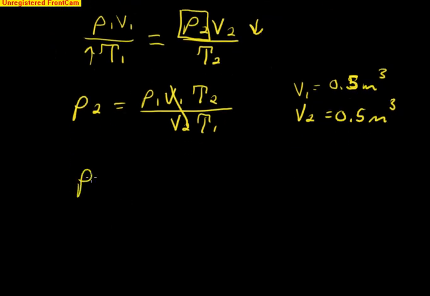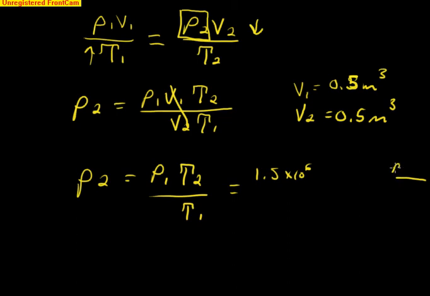That means our final pressure is going to be equal to our original pressure times the ratio of our final temperature T2 to our initial temperature T1. Plugging these values in, we had 1.5 times 10 to the 6, and just do our dimensional analysis over here. That was in pascals.